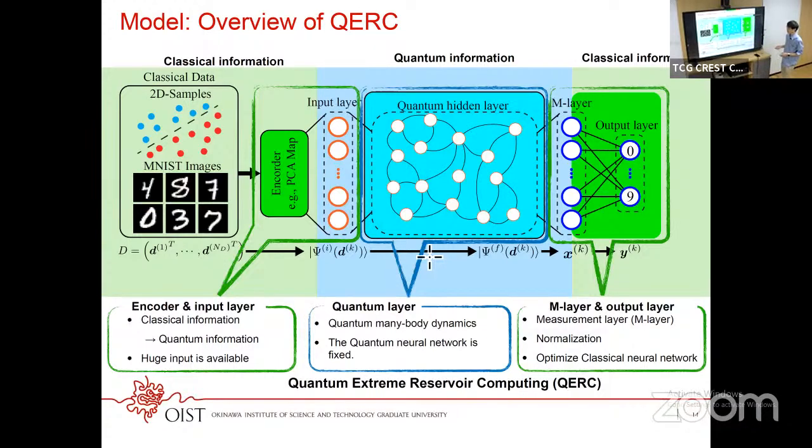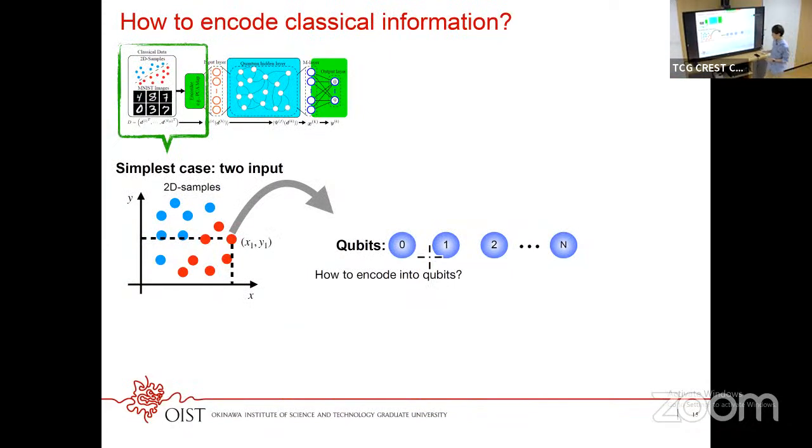Now, let me briefly explain each part. But first, I would like to explain the encoder part in more detail. As an example, let us consider the simplest case: 2D samples, where these dots represent the data. Each data point has two variables. For example, if we have a qubit as a quantum system that we want to use as a reservoir, how do we encode this information into the qubit?